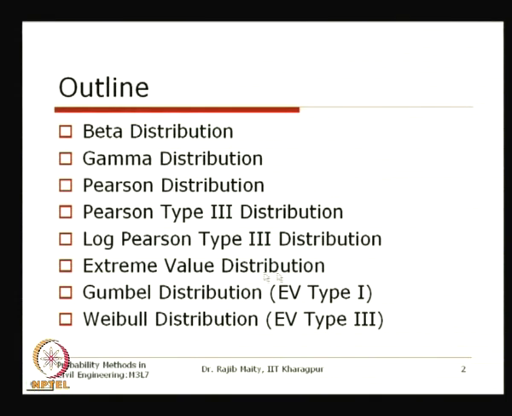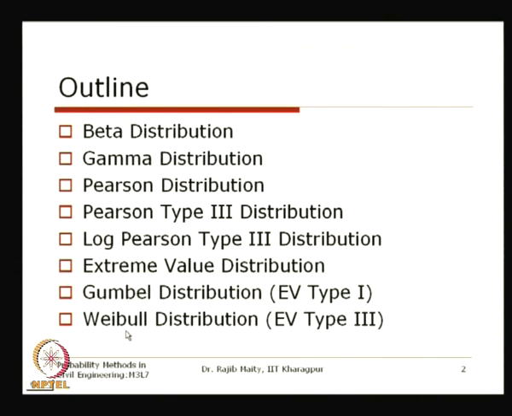Again, in this extreme value distribution family, there are 3 different types, depending on some of their parameter properties. Most useful in the context of civil engineering problems is the Gumbel distribution, which is extreme value type 1, and extreme value type 3 is known as the reverse Weibull distribution.